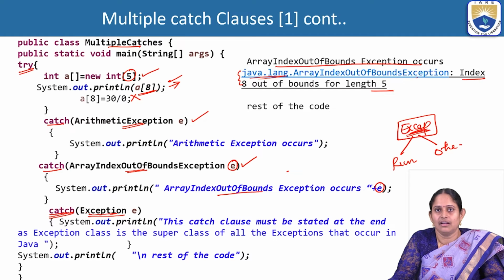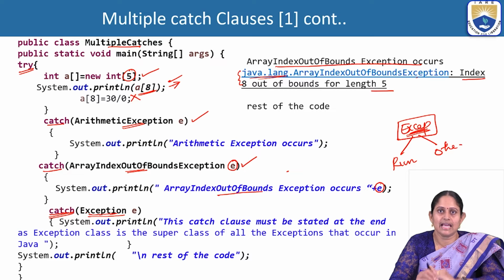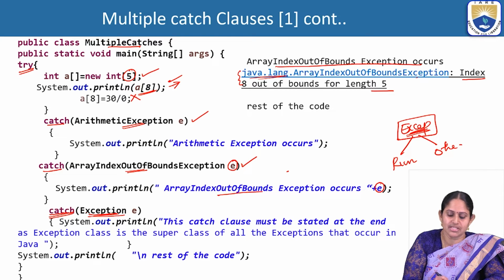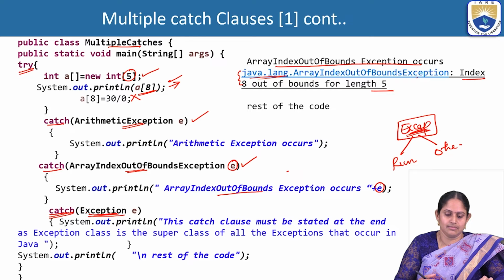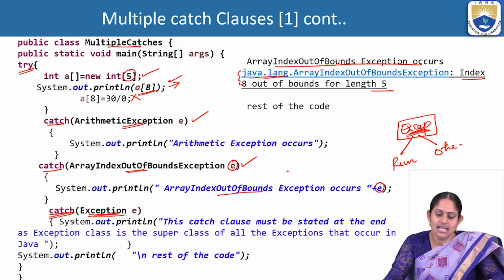It shows an error of non-reachable code, and non-reachable code is an error in Java. So we should always place the Exception catch block as the last catch block.